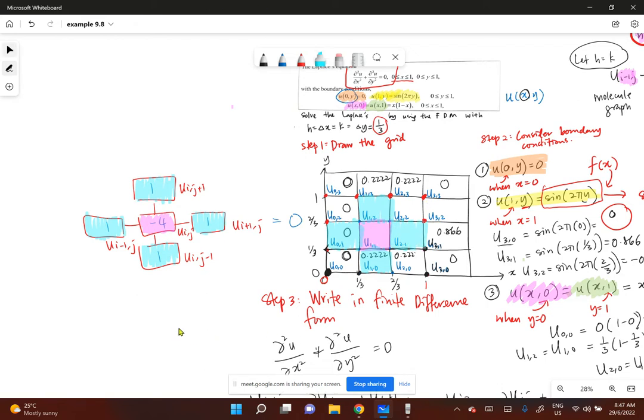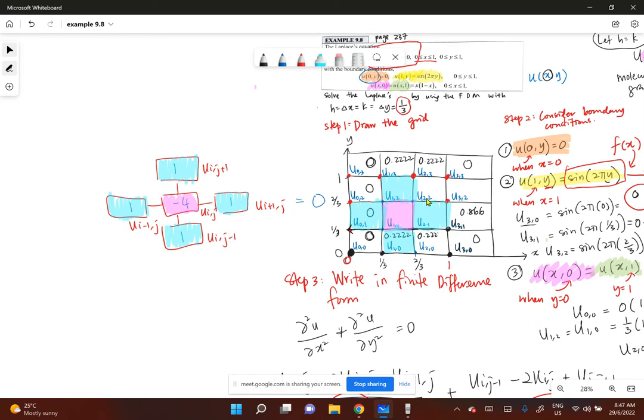Now, refer to this one. So for the first one, you will get it like this. This one is our first equation that we are going to find. So here, you look at here, here is 1, right? 1 times U12, plus on this side, 1 times U01, where the value of U01 is 0.